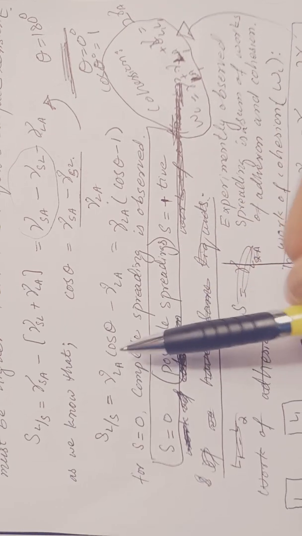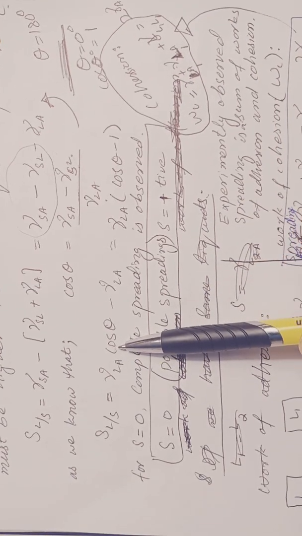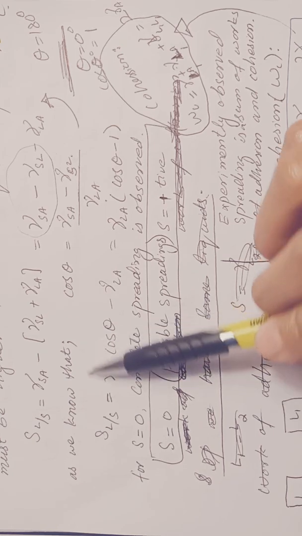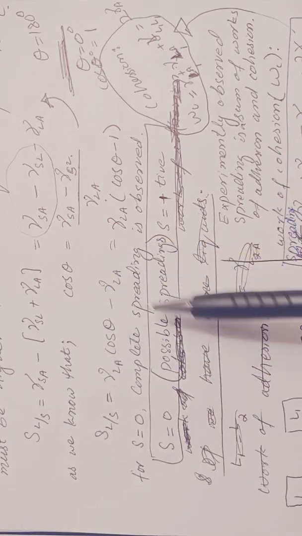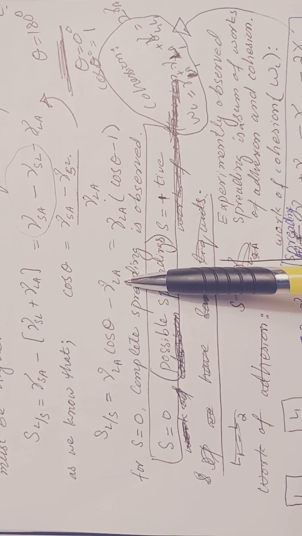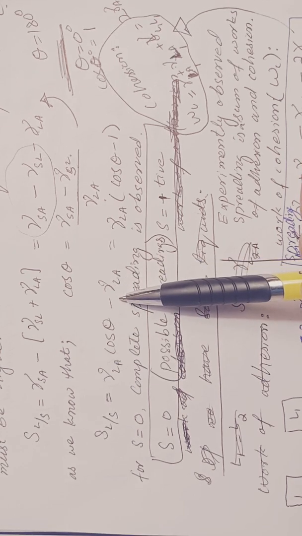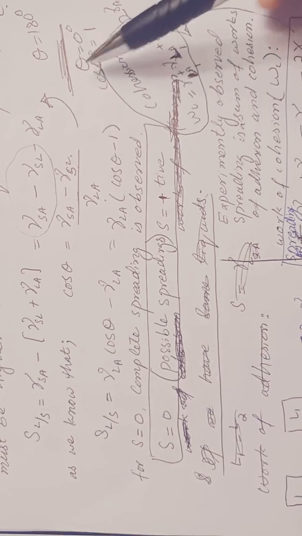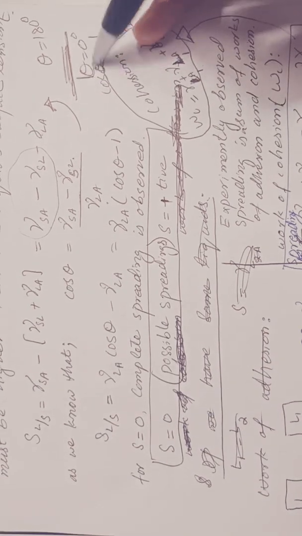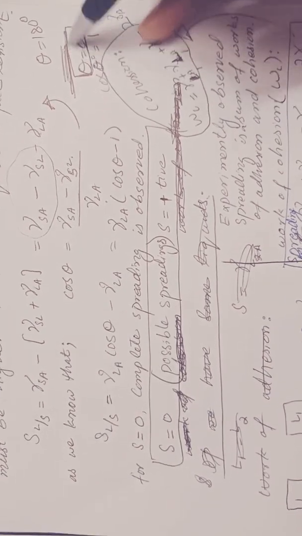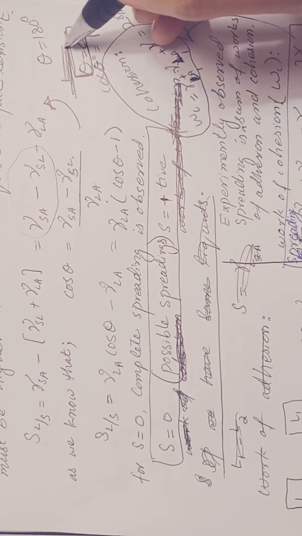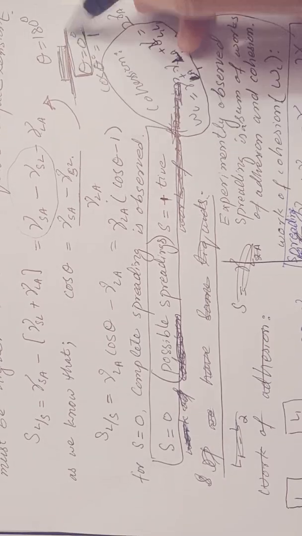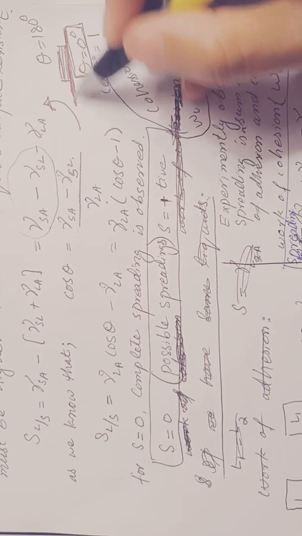If you multiply this factor with 1, this value is subtracting from the same value, so here we get the spreading coefficient equivalent to 0. So it means that the angle is considered to be 0 degrees for complete spreading of the liquid over the solid surface.